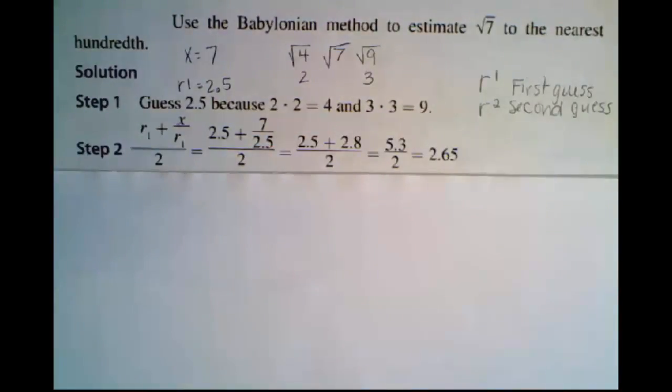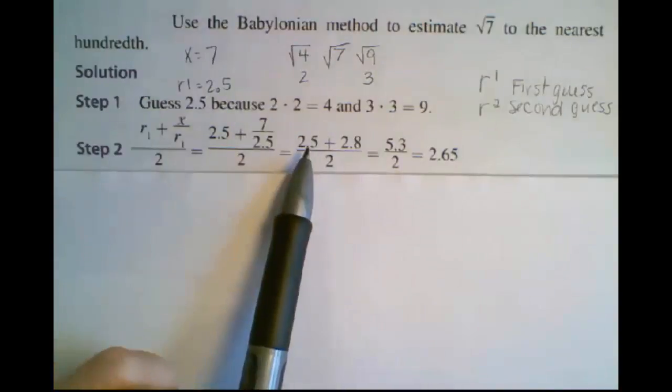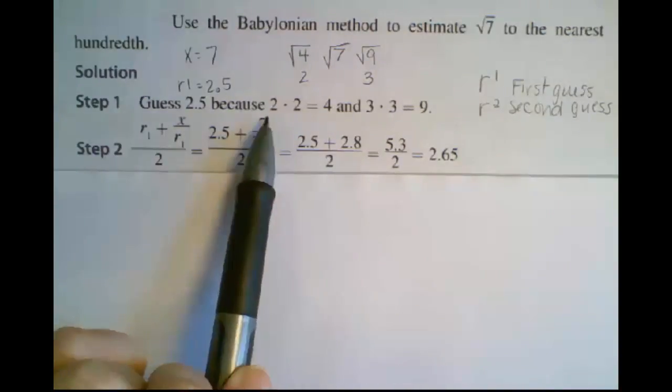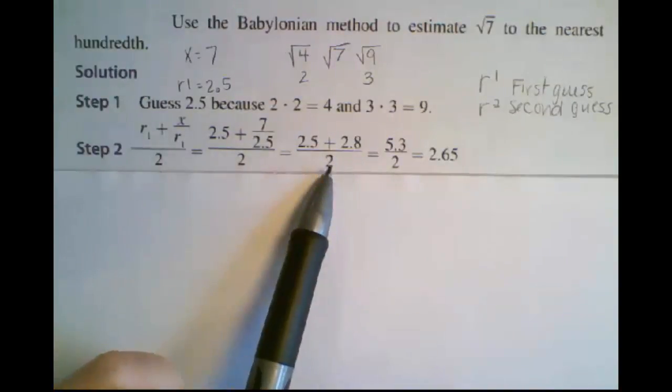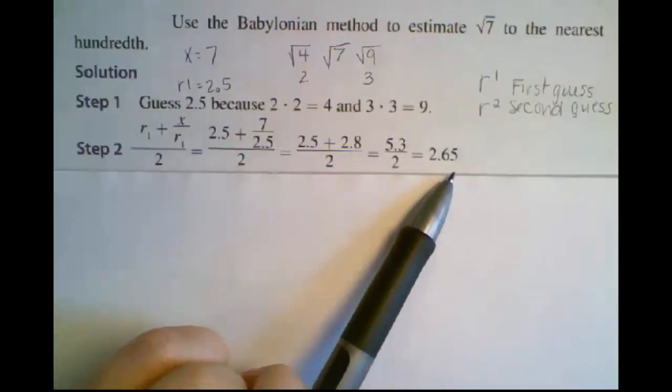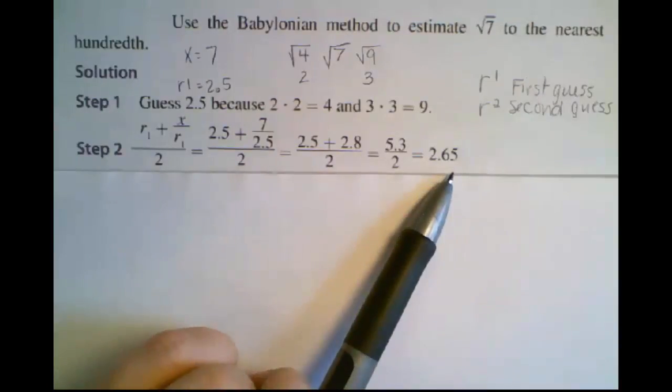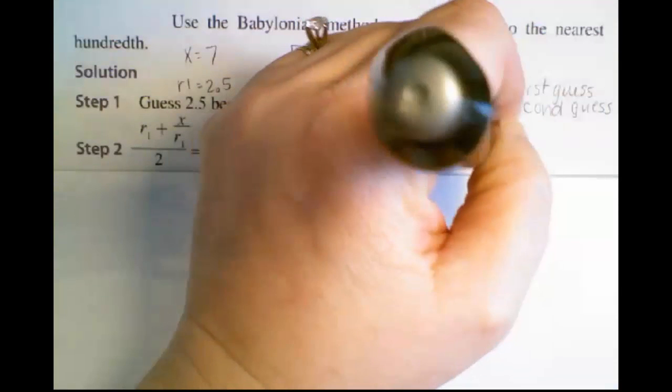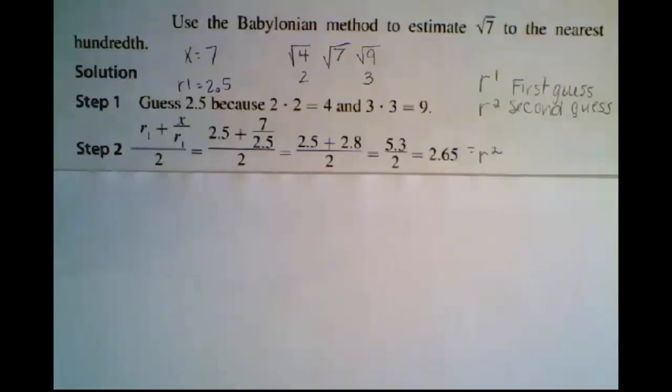So we take 2.5 plus 7 divided by 2.5 is 2.8. We add those together, divide by 2, and we get 2.65. This 2.65 will now become your R2, or your second guess.